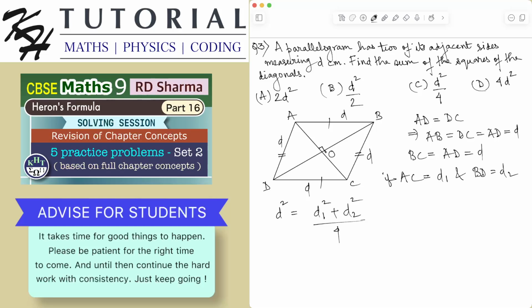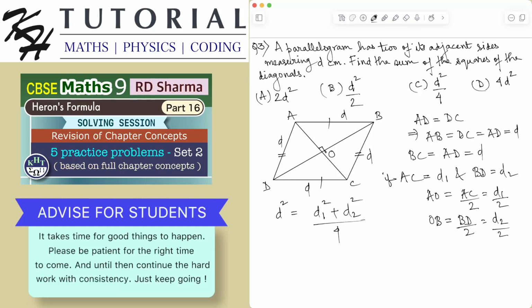Let's say the diagonals intersect at the point O. So what is AO? AO is AC by 2, since the two diagonals bisect each other at the point O, and AC is d1, so d1 by 2. And OB will be equal to BD by 2, which is d2 by 2.